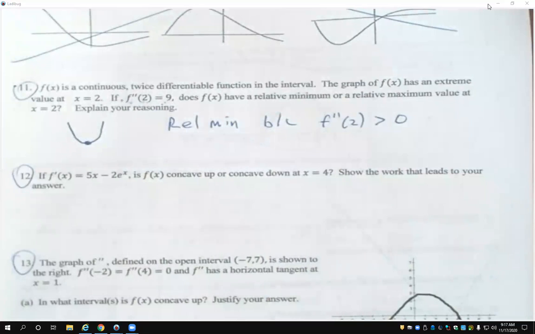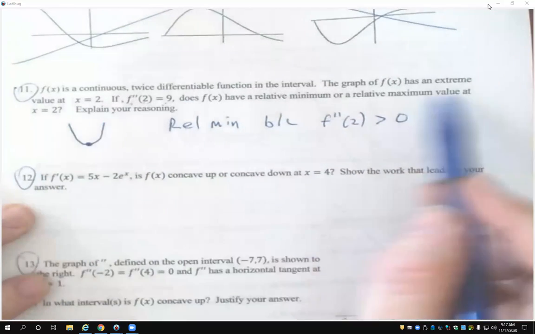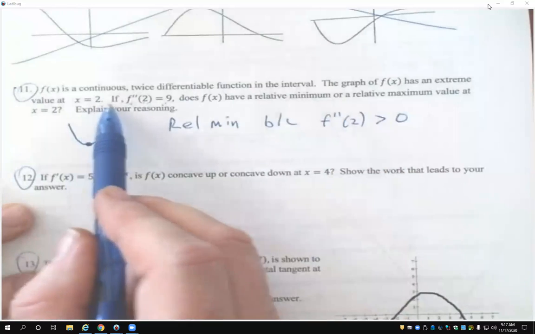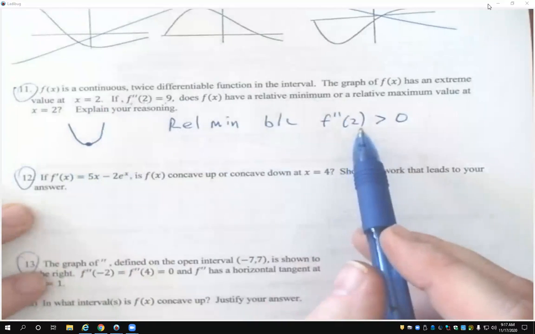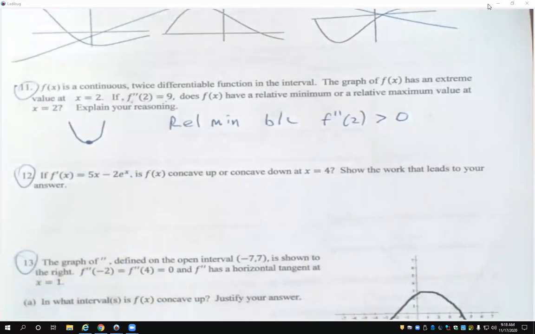That's the thing we talked about yesterday in the box at the beginning of the notes: if f prime is 0, and we know f prime is 0 because it tells us it's an extreme value or critical number, and if f double prime is positive, then we have a relative min, and if f double prime is negative, we have a relative max.